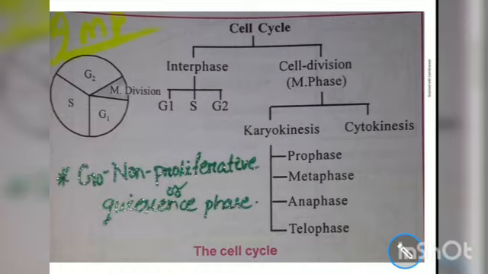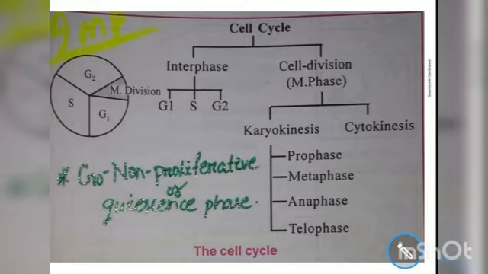Look at here. You can classify the whole cell cycle into two main parts. One is interphase, another is cell division, or particularly M phase. That may be your mitosis or meiosis. During interphase, the cell undergoes three main phases: G1 phase, S phase and G2 phase.